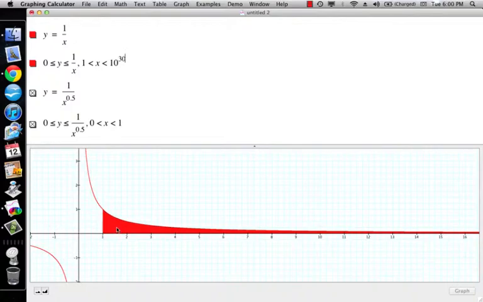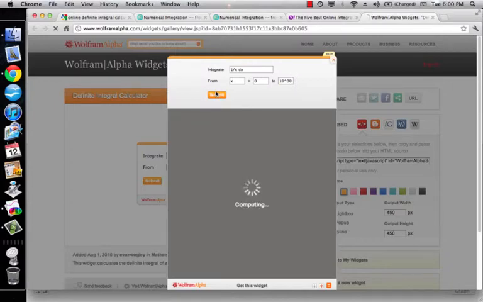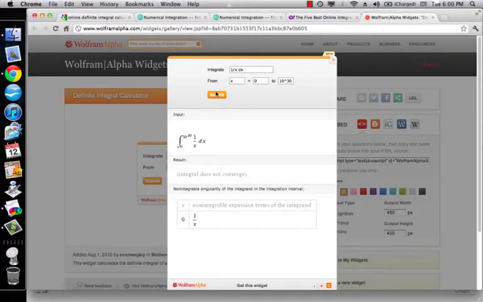This area gets smaller and smaller and smaller. The problem with computers is that the computer doesn't really know how to do infinity. The computer doesn't like infinity. So I'd say 10 to the 30th and see what it has to say. And it says it doesn't converge.